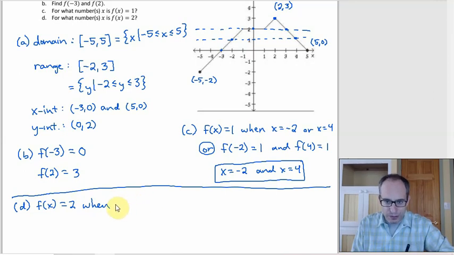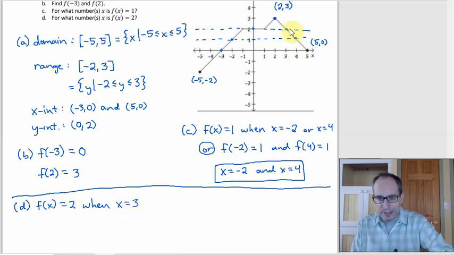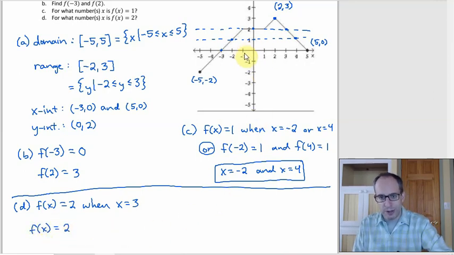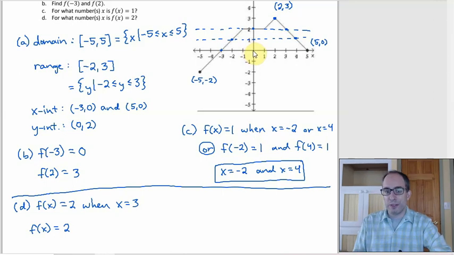I'll do the point first. So when x equals 3, right? Because that's this point right there. But then the other part of it is that f of x equals 2 when x is between negative 1 and 1, right? Because we got this flat part right through here where for f of 0, that's 2.